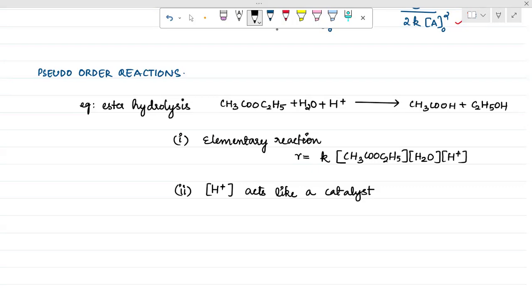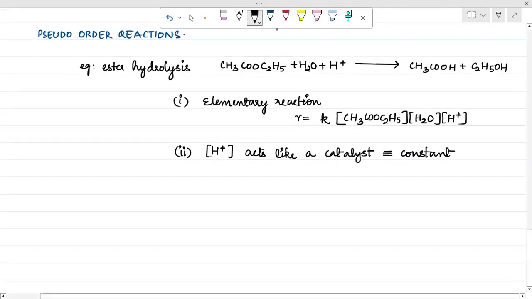There won't be any change in the amount of catalyst. So if concentration of H plus is like a catalyst, meaning it is a constant, it does not react, it just supports the process. And at the end, whatever H plus was used is regenerated. So if you start with 10, it ends with 10 molecules.